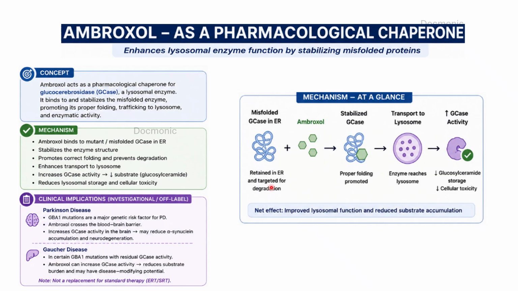In these, there is misfolded GCase, that is glucocerebrosidase, which is stabilized by ambroxol. When it is stabilized, it becomes normal. It's a lysosomal enzyme, so the cellular toxicity will decrease.